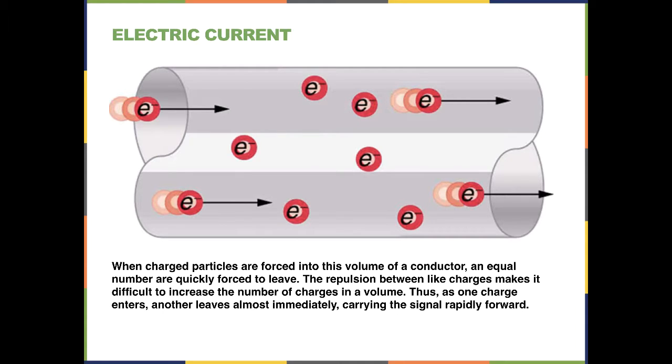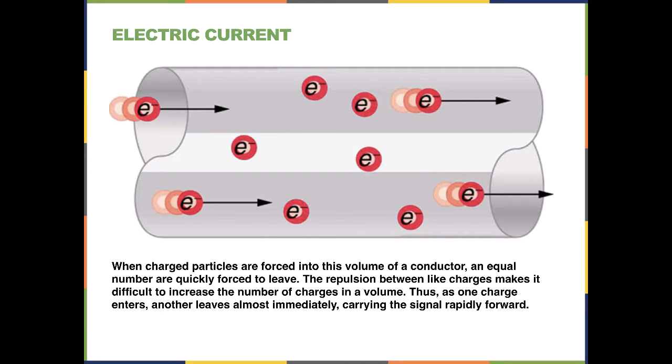At the same time, one has to leave at the same moment, because you cannot build up electrical charges in a conductor. The repulsion between the like charges makes it difficult or impossible to increase the number of charges per volume. And so as one charge leaves or enters, another charge has to immediately leave.